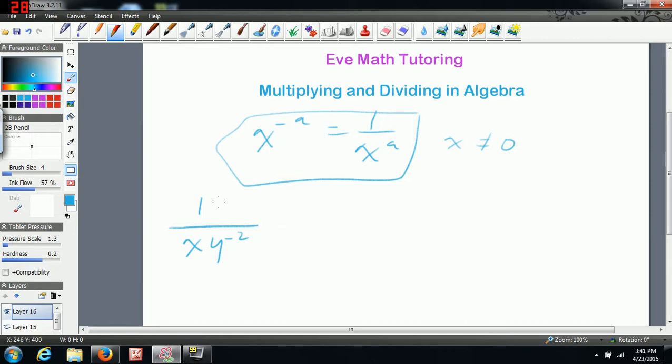If the question was to write without negative exponents, right? So in that case, this one here would be y to the 2, you would have 1 over x, and then if you brought the y up, it would become y to the positive 2 over x. So you could rewrite it like that, okay?